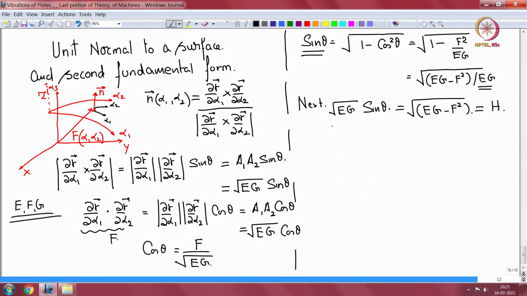So now I have n, the unit vector, given by del r by del alpha 1 crossed with del r by del alpha 2, divided by h.